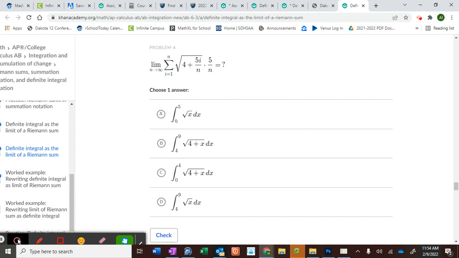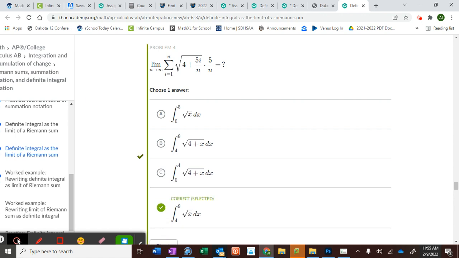B and D. So we start at 4, so it's the square root of our function. Since we start at 4, that's part of it. So the only thing in there, because this is exactly how it appears here, is just plain and simple x. So it is just D. And I know that's hard to see because the first time I did it, I wanted to go 4 plus x because it's 4 plus. But no, this is our starting number plus the change in x times I.